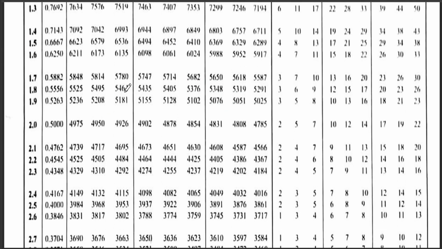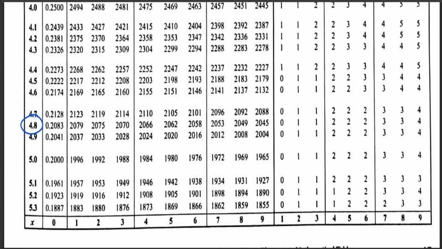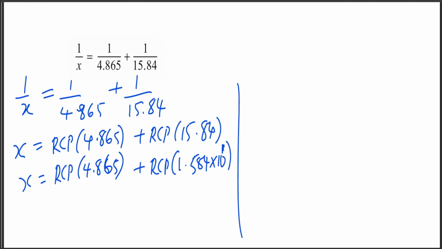So 4.865, 4.8 meaning 8, 6 meaning 6, and 5. This is 5. So 2058 plus 258 plus 0, 2 is 2060. So its reciprocal is 2.